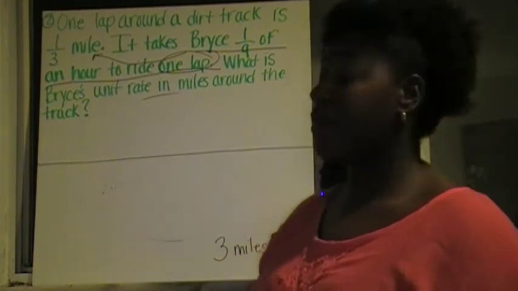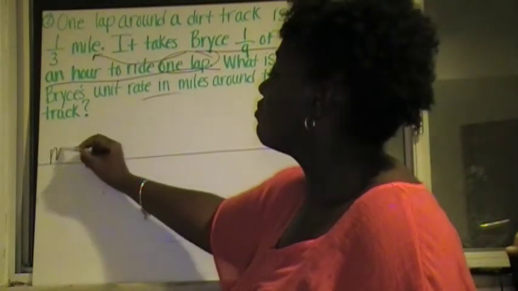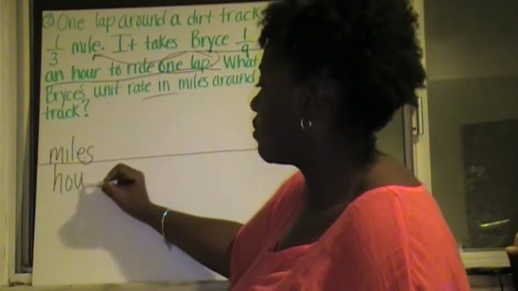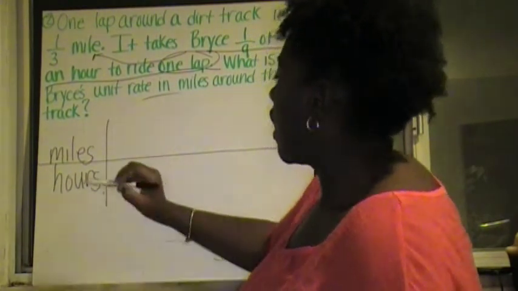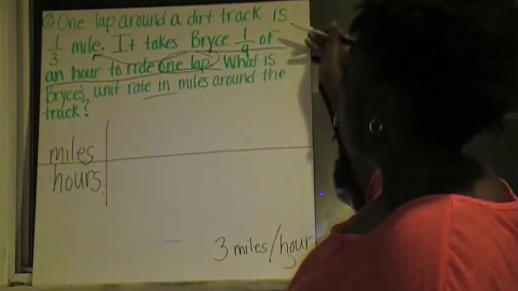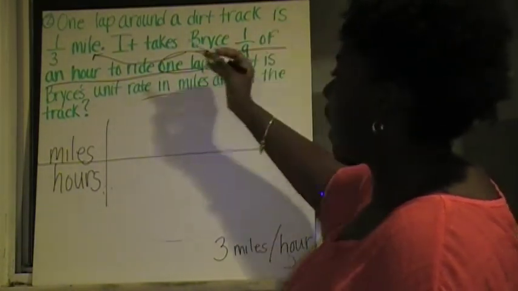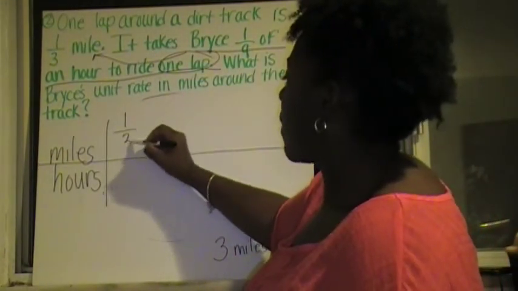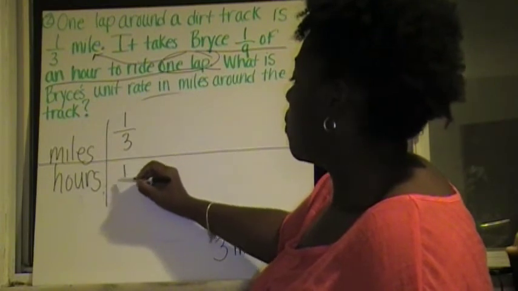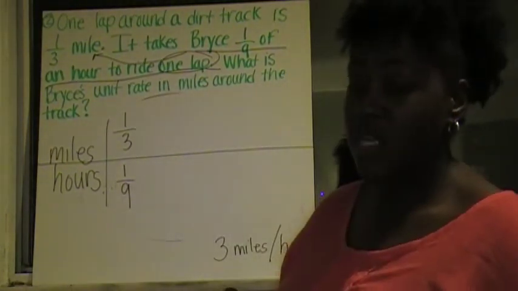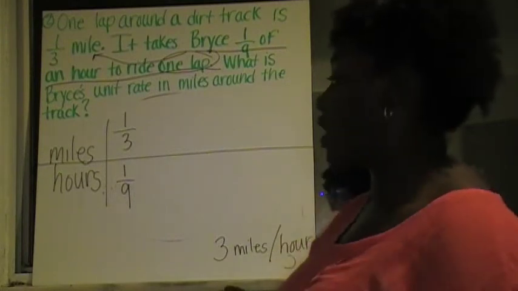My 2 units that I'm comparing, miles, hours. Okay, so we know it takes him 1/9 of an hour to ride one third of a mile. So he's going 1/3 of a mile in 1/9 of an hour. I want to know what's his unit rate, or how far can he go in 1 hour.